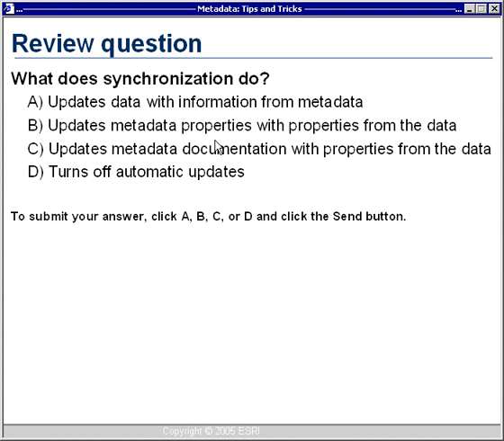Does it update metadata properties with properties from the data? Does it update metadata documentation with properties from the data? Or does it turn off automatic updates? To submit your answer, click A, B, C, or D, then click the Send button. You'll learn the correct answer after the question and answer session.